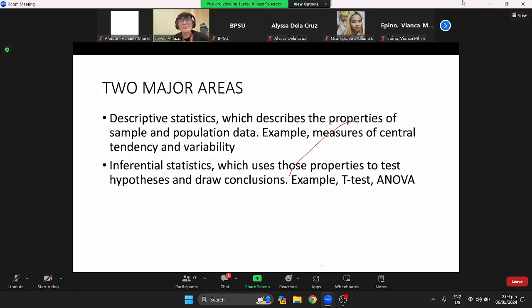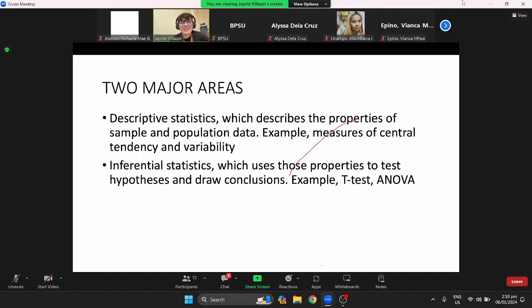Sir, pagdating po ba sa experimental namin, ano po bang gagamitin namin? Descriptive lang po ba? Inferential lang po ba? Or combination? The answer is what? Combination, because the descriptive stats and inferential stats will be helpful in terms of your results and at the same time in explaining your results, or also known as the discussion. Okay?